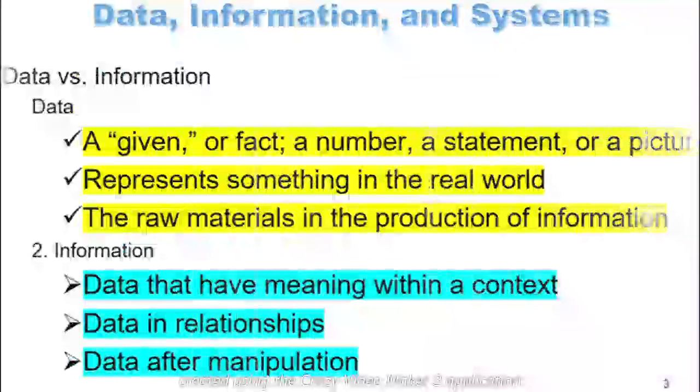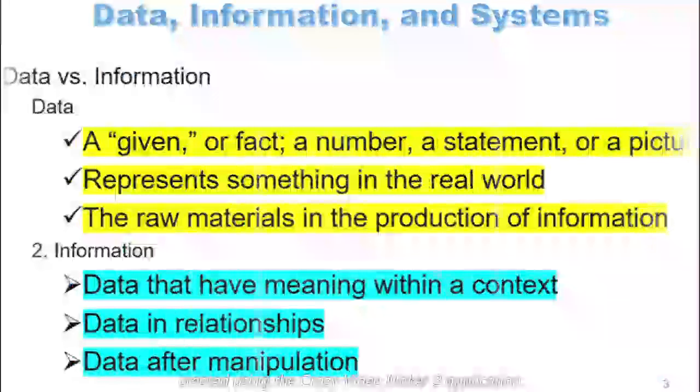So it can be represented as a given, a word or a letter. A fact can be represented as a number, in a statement form, or in a pictorial form.